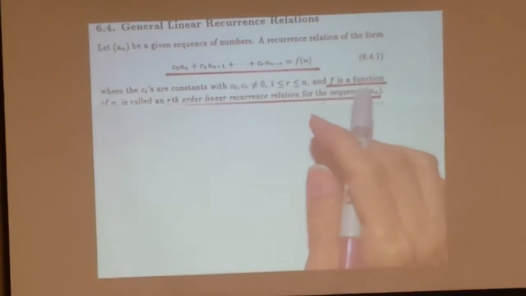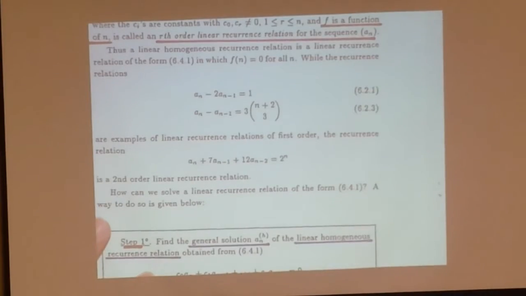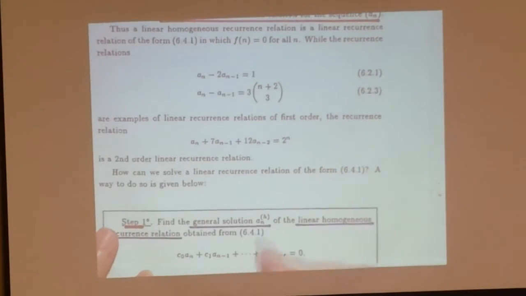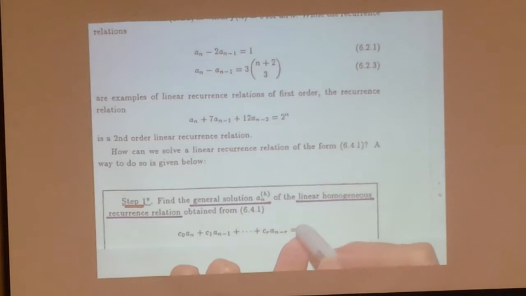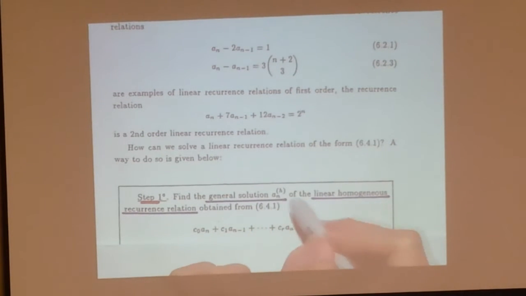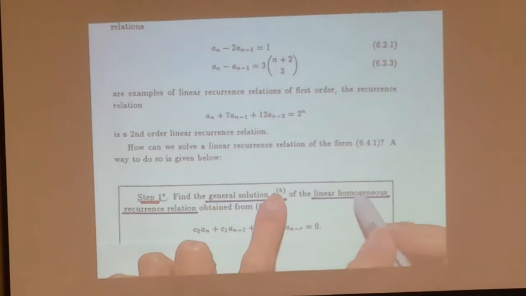So if I give a linear recurrence relation where the right hand side is not 0, the first step is you replace the right hand side by 0. Then you do what I taught you in section 6.3. So you can find a solution with right hand side 0, and we call it a_n^h. So a_n^h means the solution to the homogeneous case, H for homogeneous.